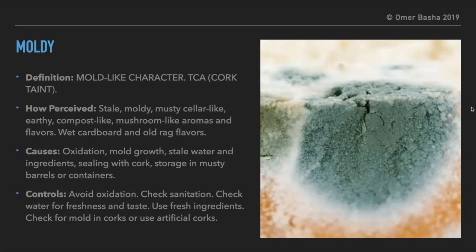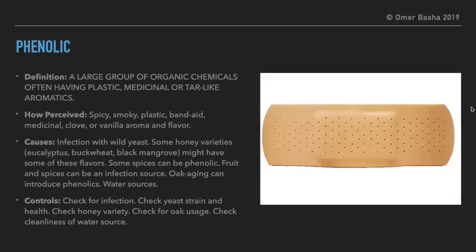Causes can be oxidation, mold growth, stale water and ingredients, sealing with a cork, storage in musty barrels or containers. To control, avoid oxidation, check for sanitation, check water for freshness and taste, use fresh ingredients, and check for mold in corks and artificial corks. So this is for moldy flavor.